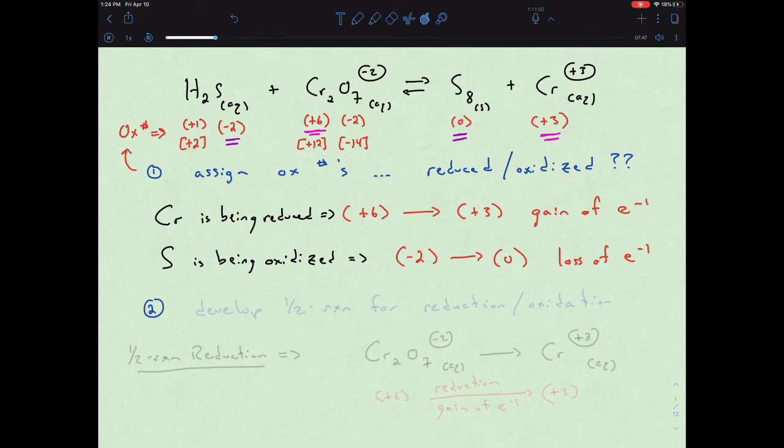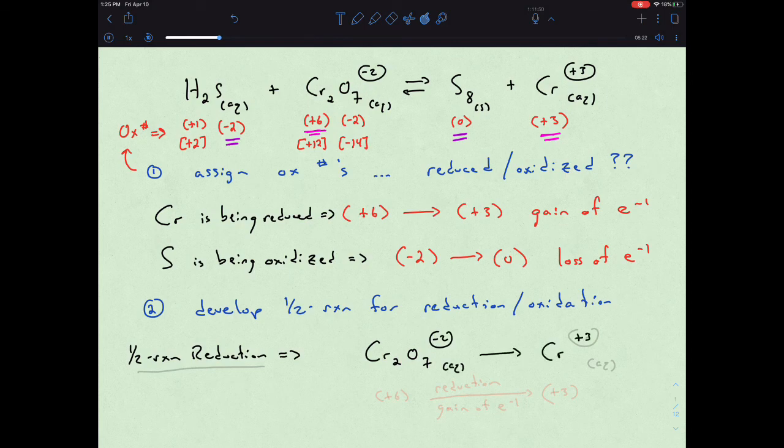So step 2 is to develop the half reactions for both the reduction and the oxidation. So for our half reaction for reduction, we are looking at the dichromate going to produce chromium +3.